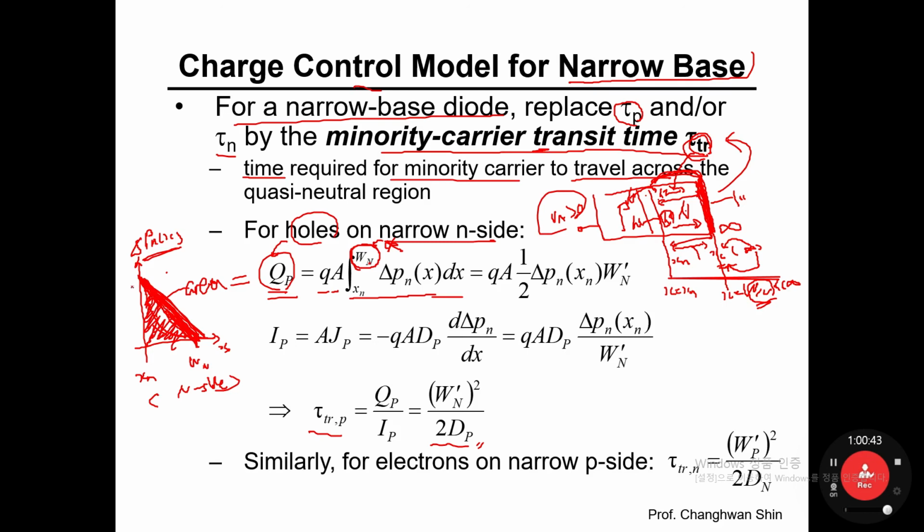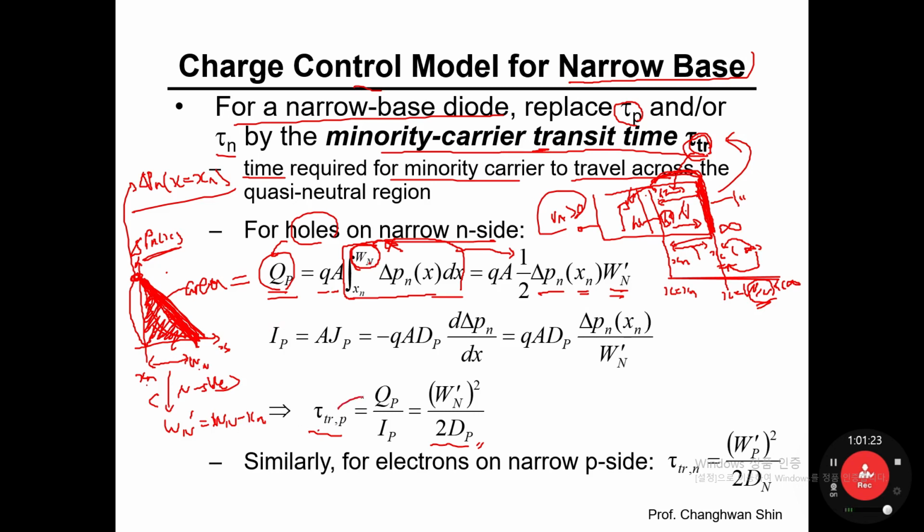It is a triangle, so the whole area corresponds to one half times the side length, Wn minus xn, denoted as Wn prime, times the height, which is delta p sub n at x equals xn, the initial value. Then now we are talking about the transit time.